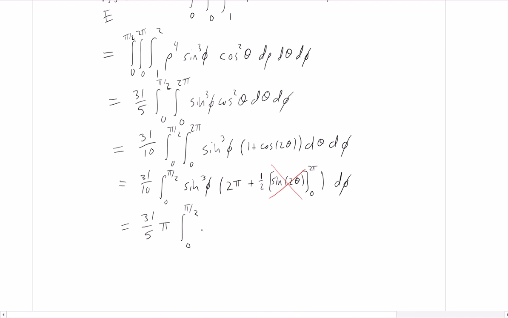And now we're to the last part. We're just integrating phi now. And we have to integrate sine cubed. And remember what the trick is there. It's to write sine cubed as sine squared times sine.